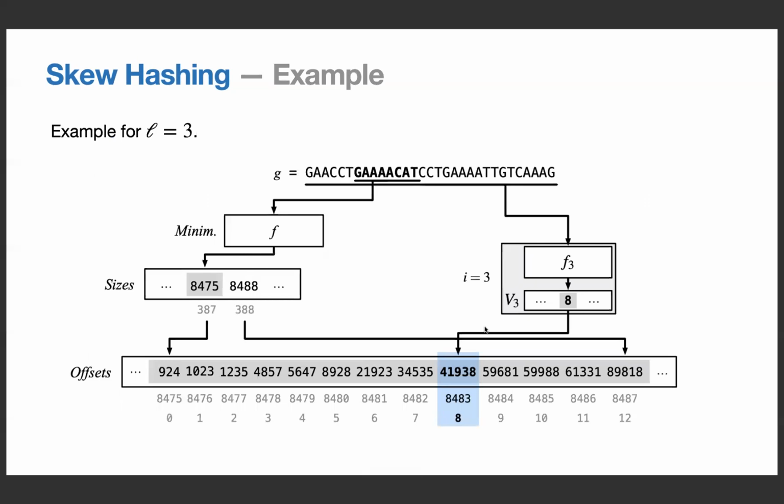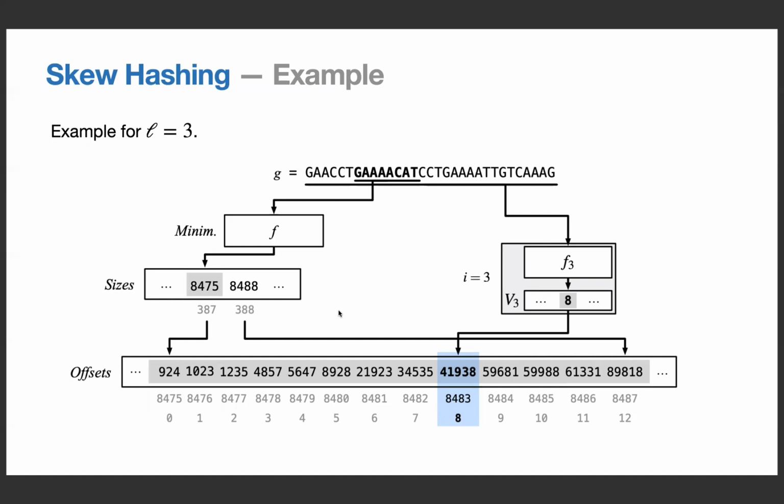So here is an example for L equal 3. For this query k-mer G, in this example, we retrieve its bucket size. As you can see, it contains 13 super k-mers. So I don't want to scan, in the worst case, 13 super k-mers. In this case, I have that 13 is larger than 2 to the L, which is 8.